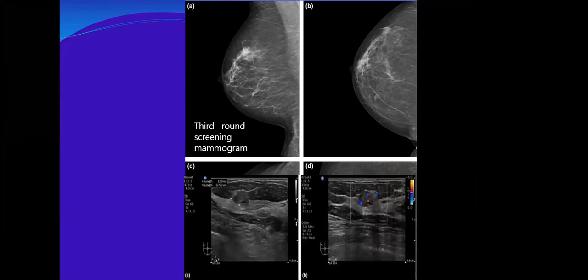Ultrasound shows an ill-defined, irregular, mixed echogenicity mass with increased vascularity and cutting sign. I see the cutting sign here, at the right lower part of the mass.